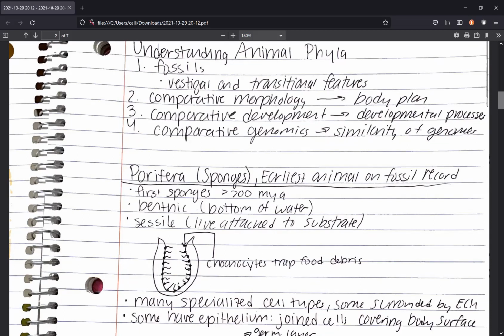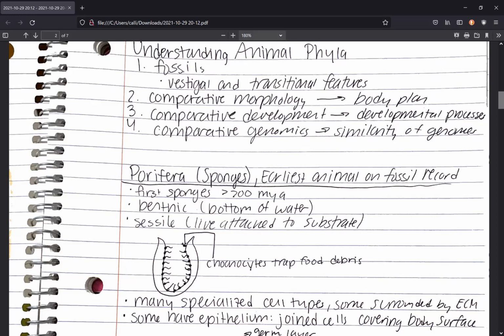We can do comparative morphology to understand the body plan of an animal, seeing how their structures are laid out in their body. We can compare it to ancestors or to their descendants.